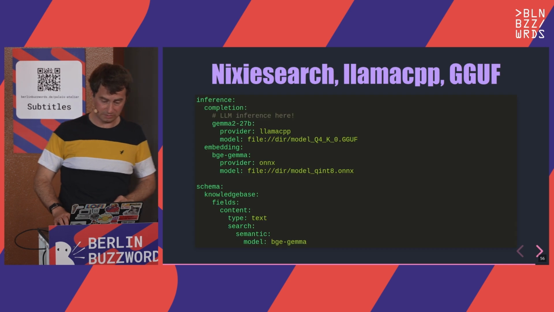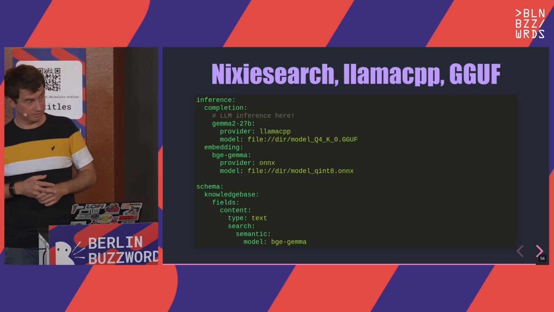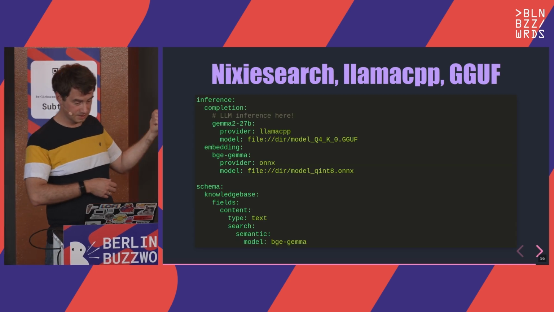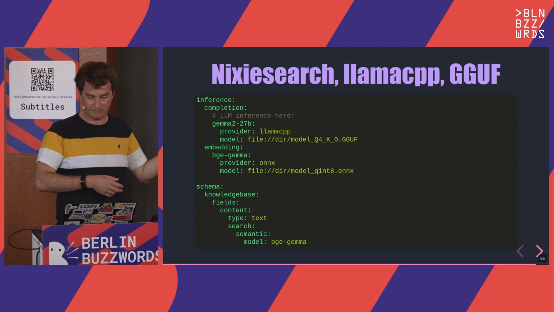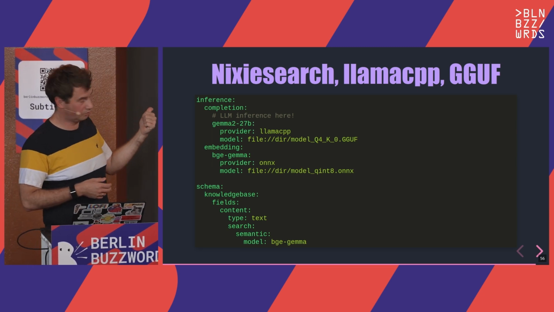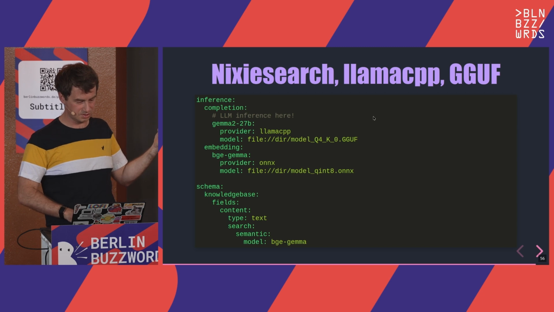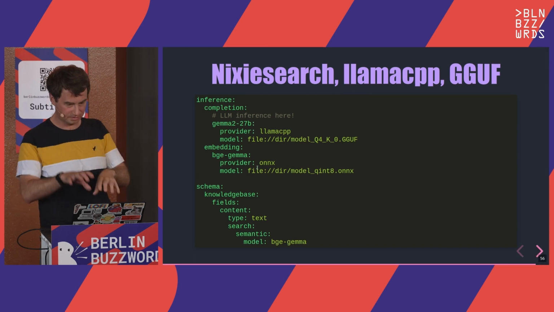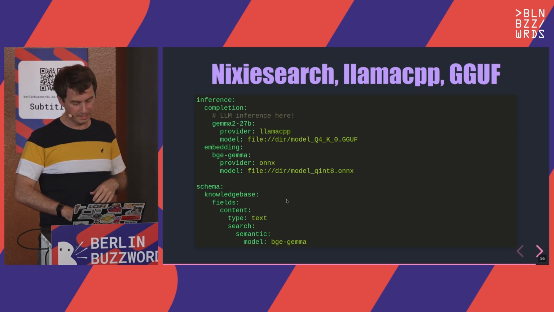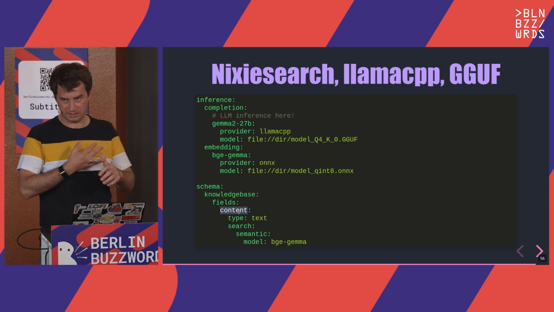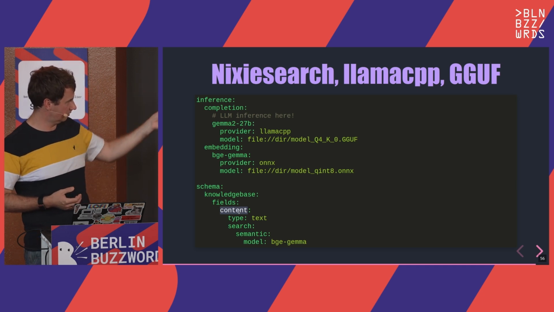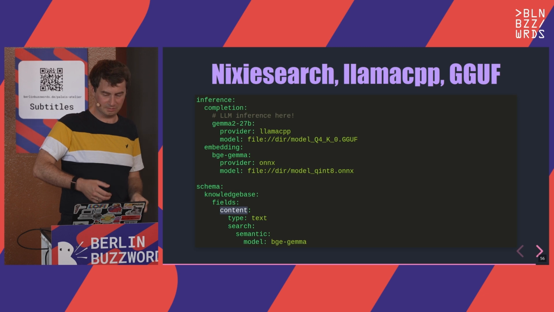So the whole implementation of the system is like this. It's nice that you don't need to run a lot of code to make this system work. It's just inference of 2 different models, with a bit more complication in how to split them between GPUs, and a single field with the content, actually with a language and ID, but the main one is a content field with just a single semantic model.